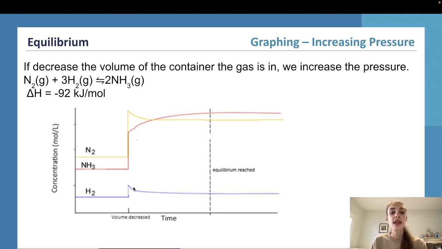But then we can see that it is followed by a decrease in our reactants, so N2 and H2, and then an increase in our product being the NH3, and that's because we're favouring the forward reaction and not favouring the reverse reaction.